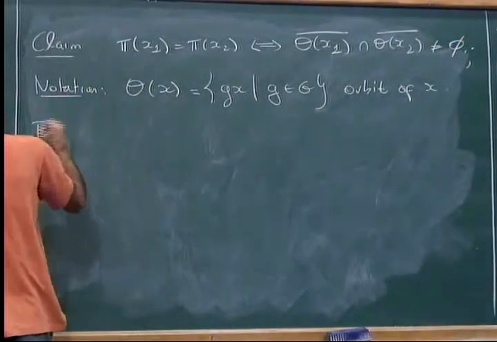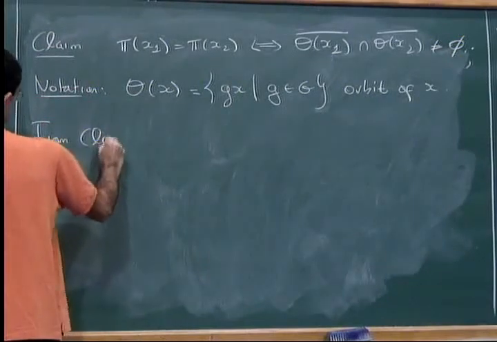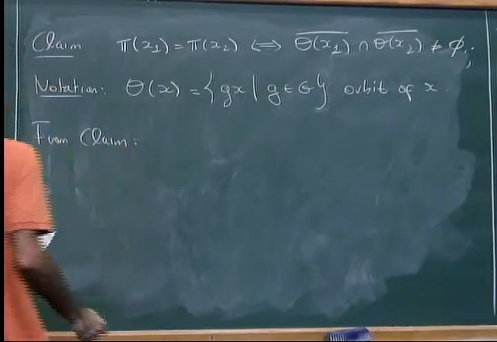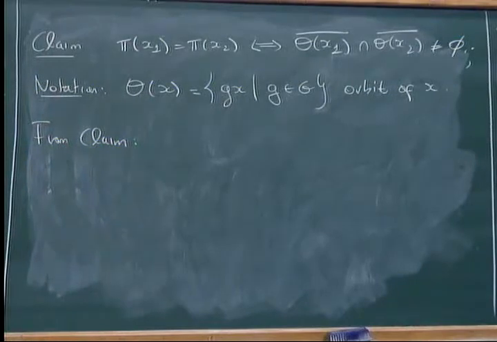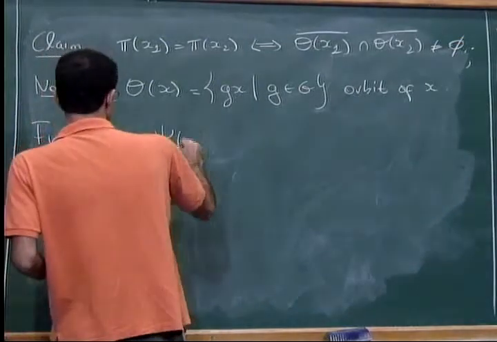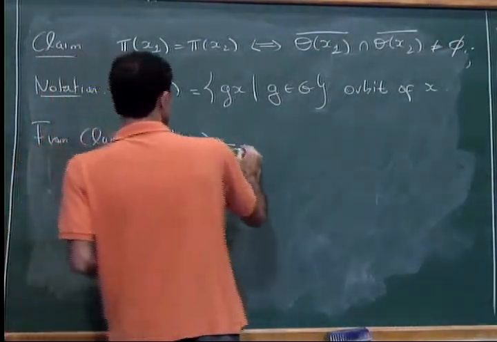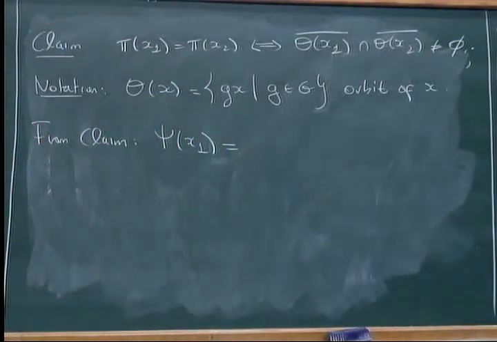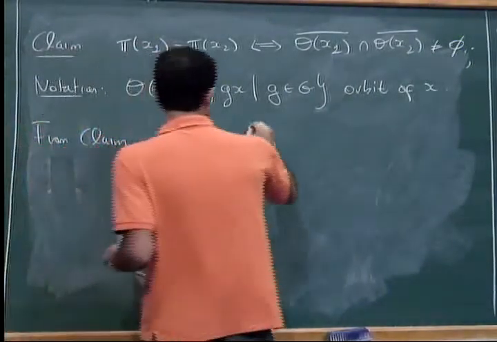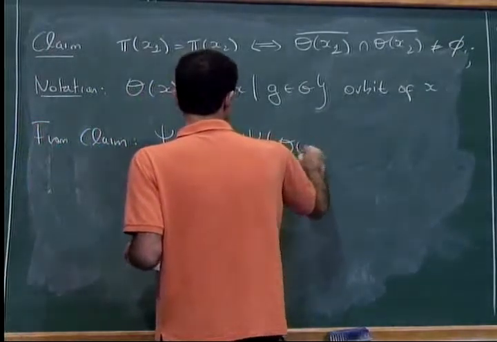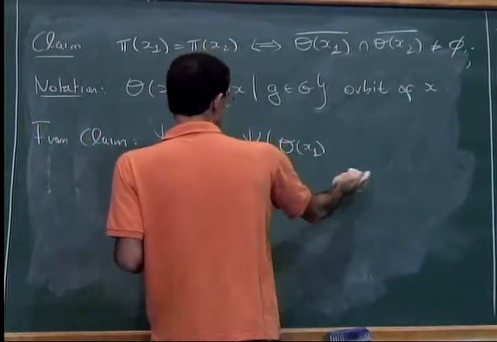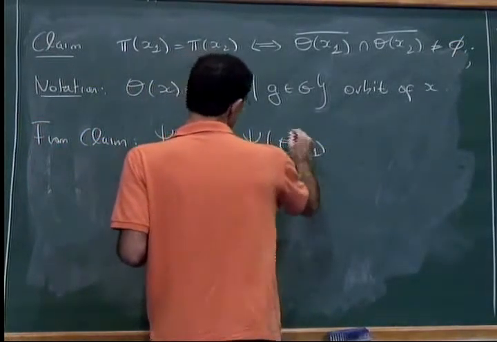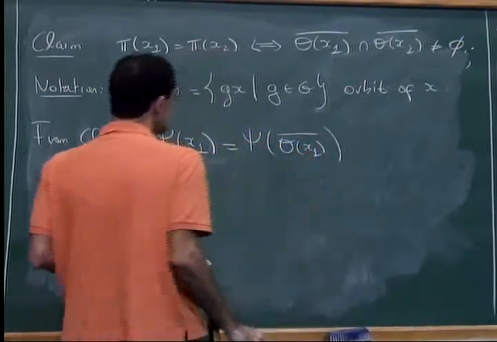And from the claim, what we have to show is that if x1 and x2 have the same image, then psi of x1 is equal to psi of x2. But psi collapses orbits, so psi of x1 is the same as psi of every point in the orbit, and so in the closure, because it's continuous.